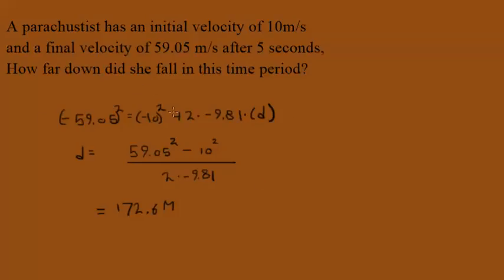You have initial velocity and final velocity, so you can use this kinematic equation, or you can solve it by calculating with this one right here, 1/2 times 5 squared plus the initial velocity, which is minus 10 meters per second times 5 seconds, and the initial position is 0.